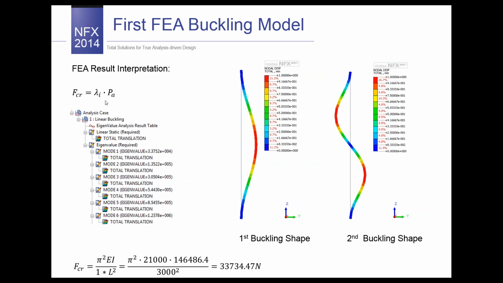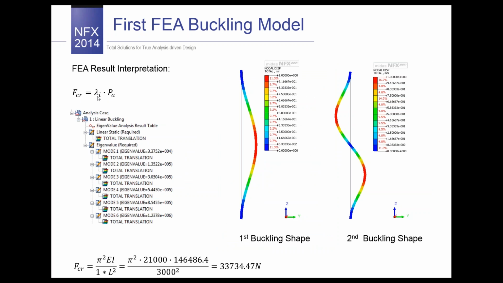So the FEA results interpretation for the linear buckling analysis has been presented in this form. The critical load equals the proportionality factor, this is the eigenvalue, multiplied by the actual loading.